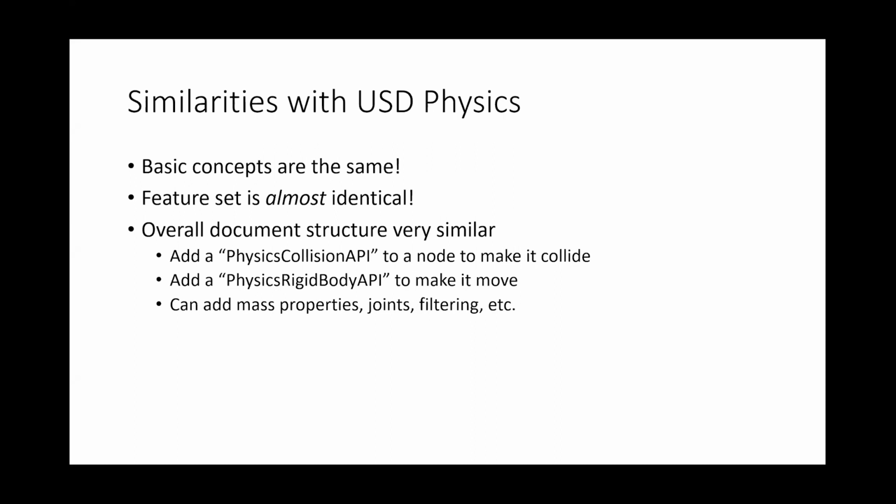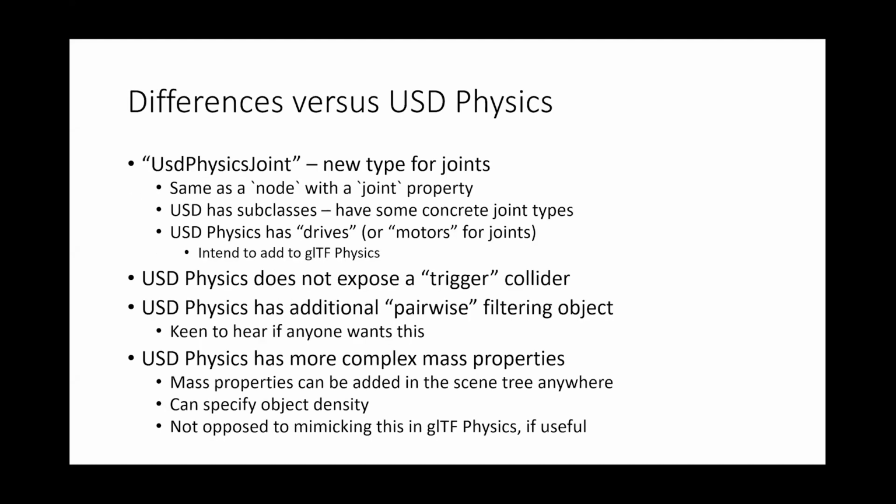And again, you can add mass properties, joints, filtering, etc., that all have equivalent concepts in this glTF physics spec. So I don't want to dwell too long on the similarities because that's boring. The interesting part is the differences.